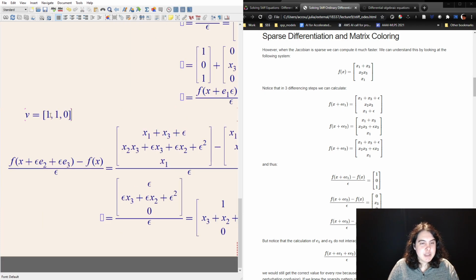And so this is telling us that this is a valid direction, right? So why is it a valid direction to do a multi-derivative together? Well, because you don't have perturbations overlapping.